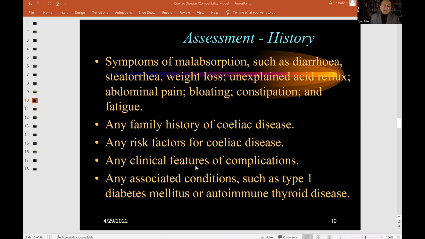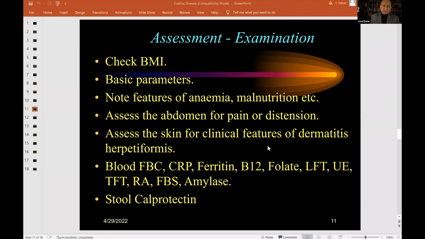There would be associated conditions such as thyroiditis or diabetes. So these things would come into discussion when history taking sort of leads to discovery of data.